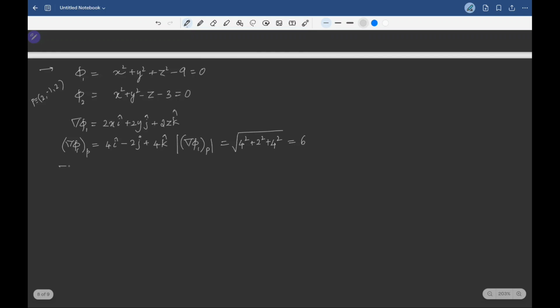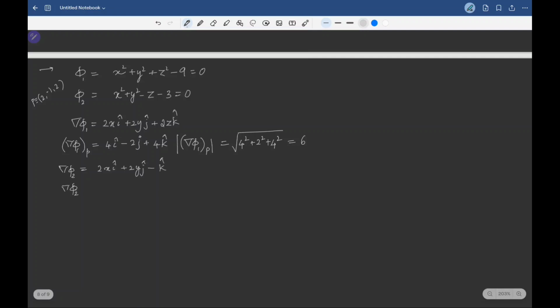Now del phi 2 is given by 2x i cap plus 2y j cap minus k cap.